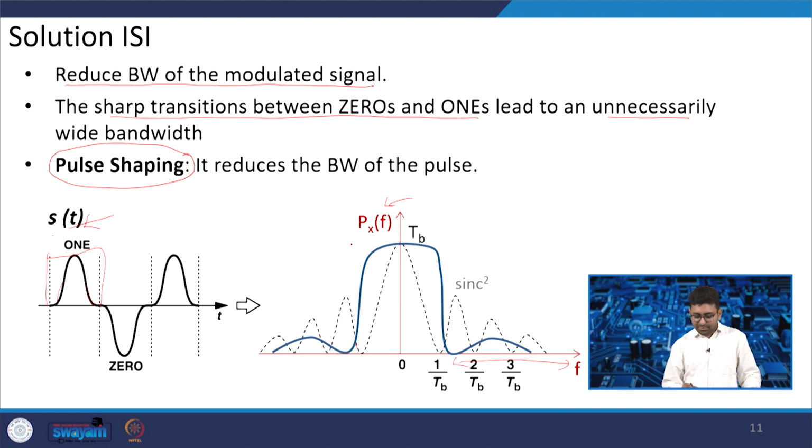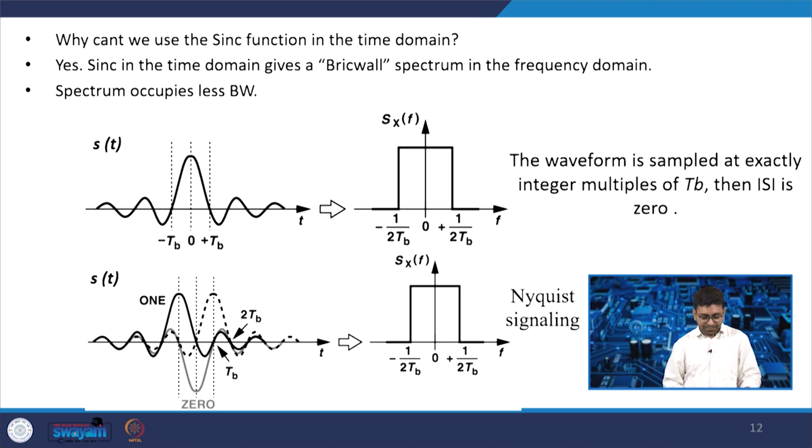And now if you transfer it to a band limited channel or system, then you will not have ISI, inter-symbol interference. So, this is the pulse shaping that we should use in order to solve the problem of ISI.